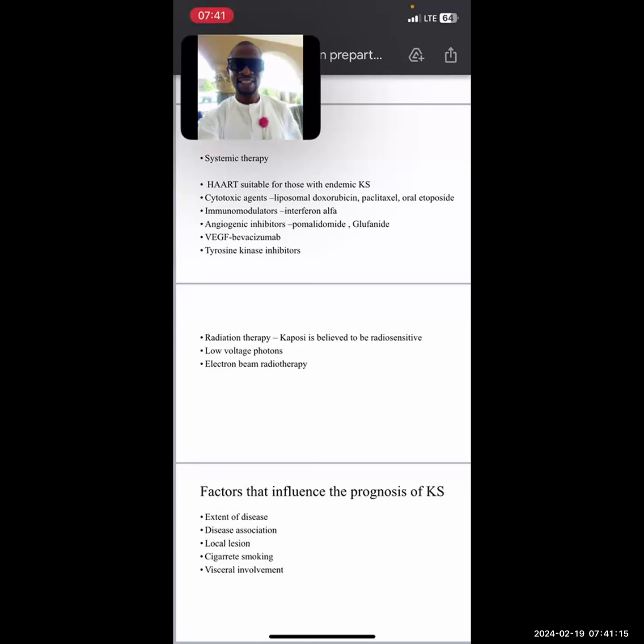Then, for the one that is associated with HIV, sorry, that was a typo, that's supposed to be the epidemic. So for those who have the epidemic Kaposi sarcoma, cigarette smoking has been found to have a protective effect. And then visceral involvement: if there's visceral involvement, the prognosis, of course, is worse. And if there's no visceral involvement, prognosis is not as bad.